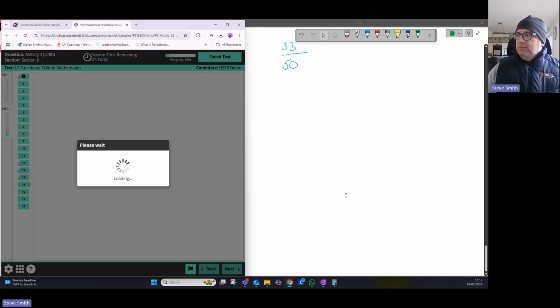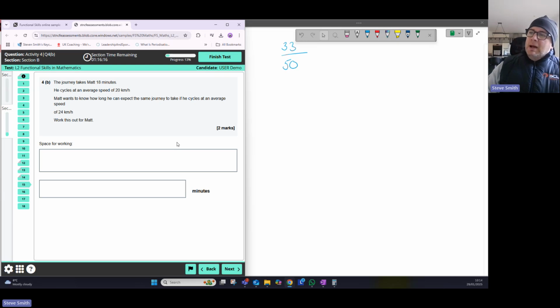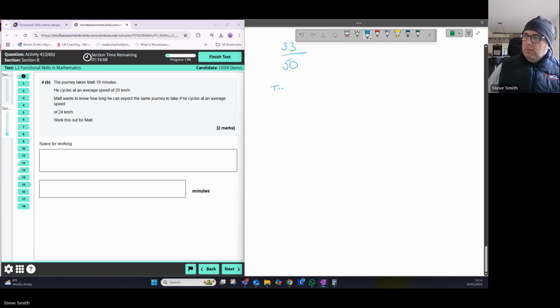Scroll down a wee bit. Okay. The journey takes Matt 18 minutes. He cycled an average speed of 20 kilometers per hour. So time is 18 minutes. Speed is 20 kilometers per hour.